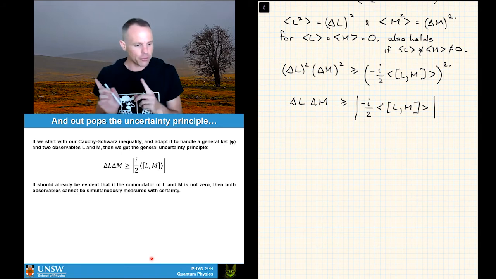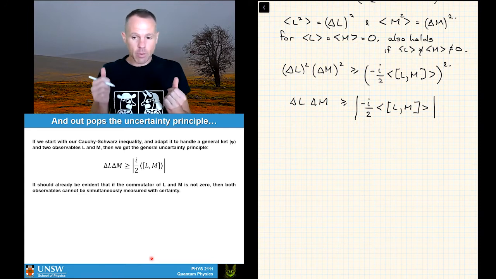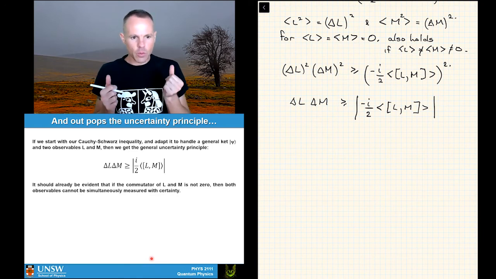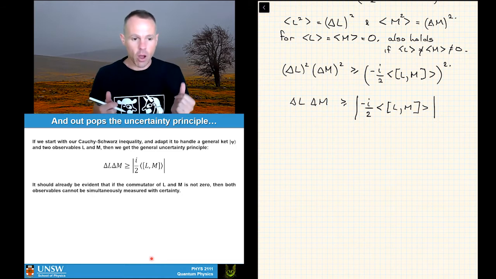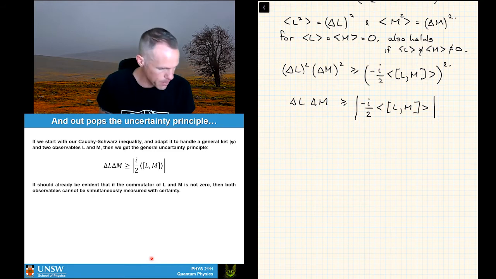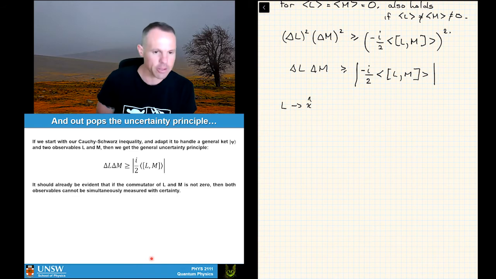What I want to do to finish off this half of the lecture is show that if I measure position X and momentum along X, right, then the commutator that we got back in lecture 10 actually gives us an uncertainty here that is not 0, okay? And this is where the Heisenberg uncertainty principle comes from. So let's go through and do this. What we're really doing here is taking our operator L and making it the operator X. I'll put a little hat on it so that we know that we're talking about the operator here.